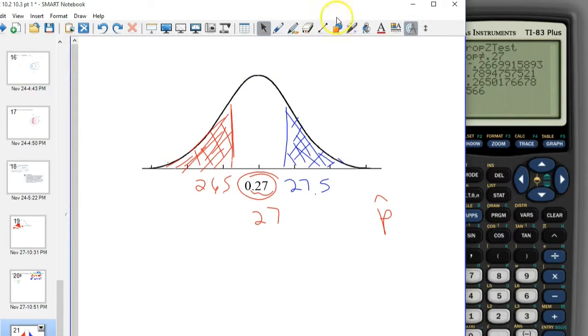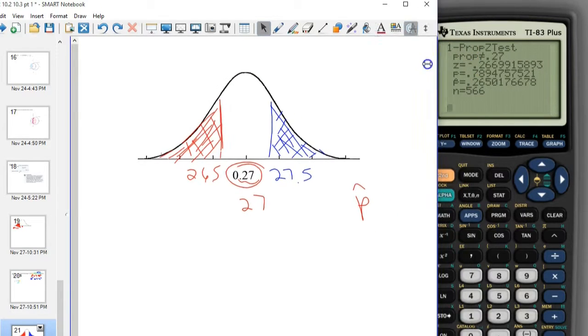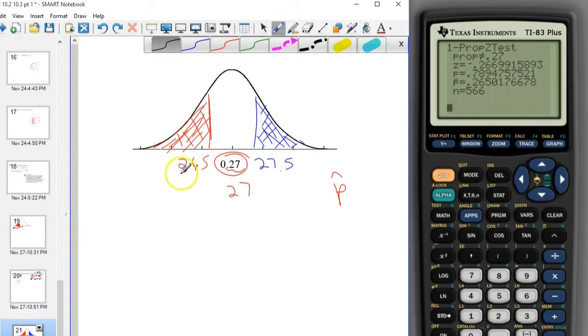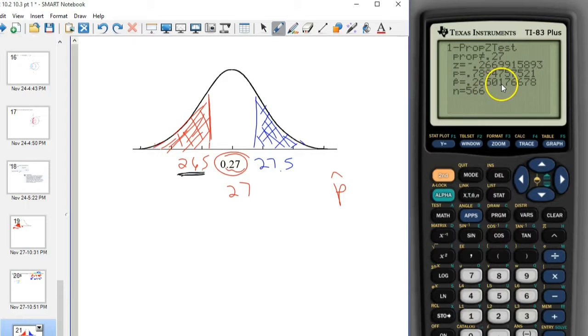So just a kind of a recap of what these numbers have to do with this picture. So the p-hat, the 0.265, this was the actual test statistic that we came up with, the 26.5%. So this 27, we didn't actually come up with this, but because we selected not equal to in our original test, we have to consider anything that would be this far away from the claim below.